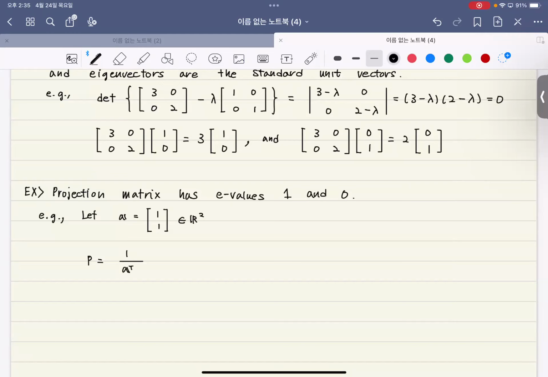So A transpose A inverse times A transpose. So what is A transpose A? So 2, and everything is 1, 1, 1, 1. And 1/2. So everything divided by 2. So this is your projection matrix.